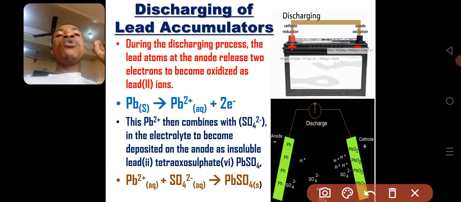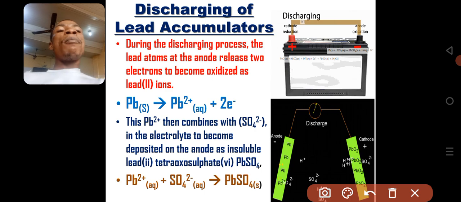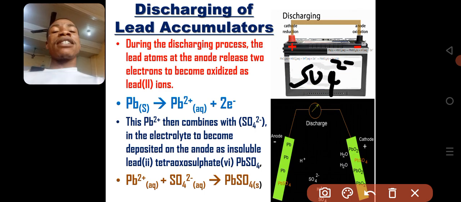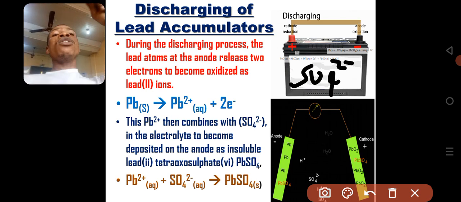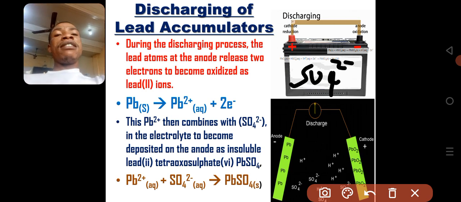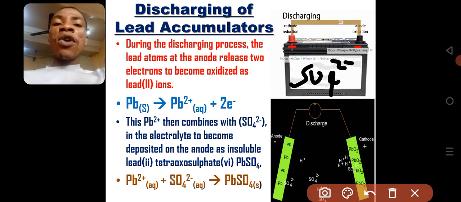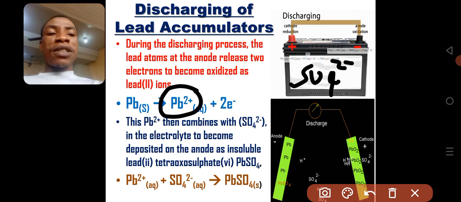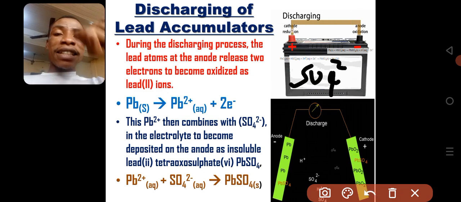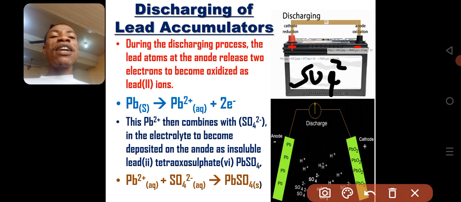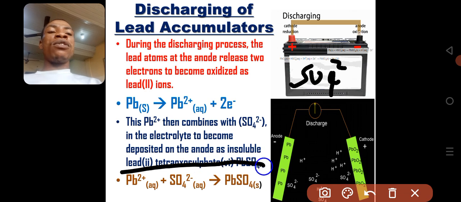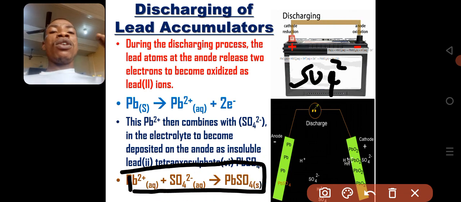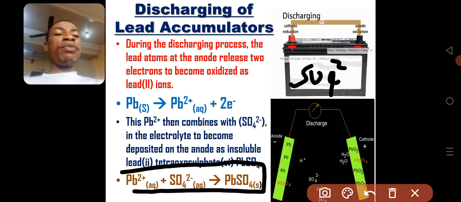So the lead-2 ion now combines with the SO4 2- that is inside the battery. Don't forget that the electrolyte is dilute H2SO4. So there is SO4 2- in the electrolyte. There is H+ also in the electrolyte. So when the lead-2 ion is formed from the metallic lead, it combines with sulfate ion to give us an insoluble lead-2 sulfate, which is PbSO4.